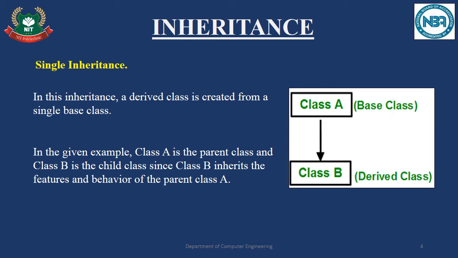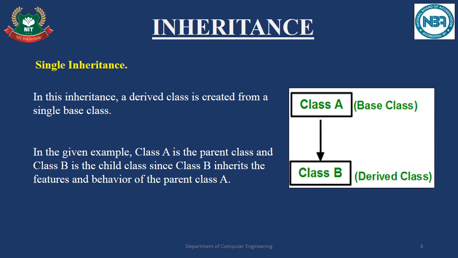So the first type is single inheritance. In single inheritance, a derived class is created from a single base class. As we can see in the given example, class A is the parent class and class B is the child class.